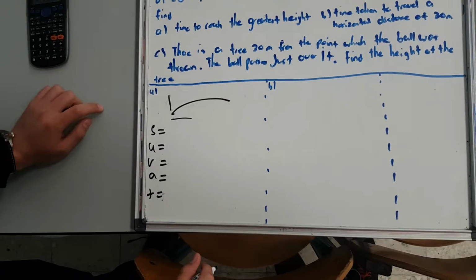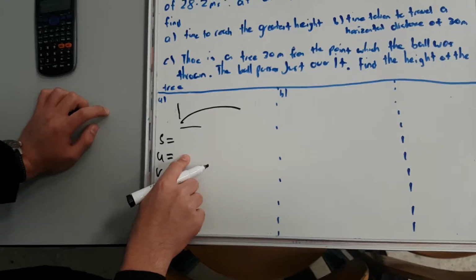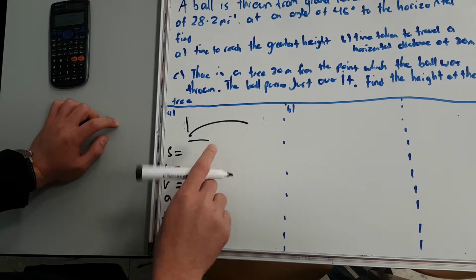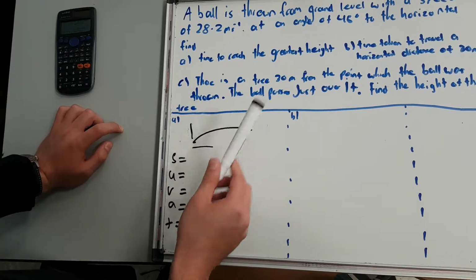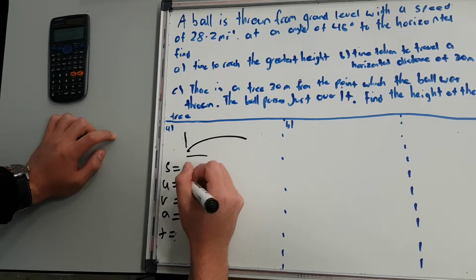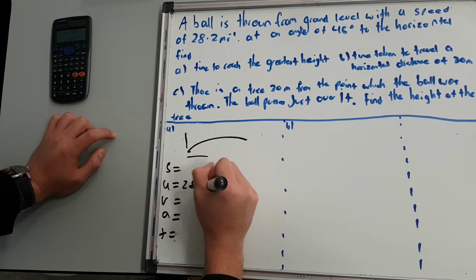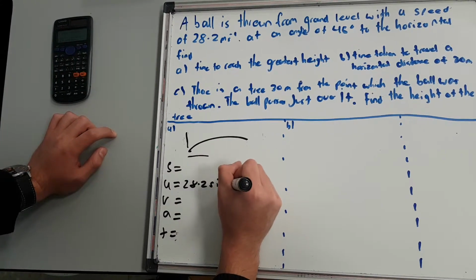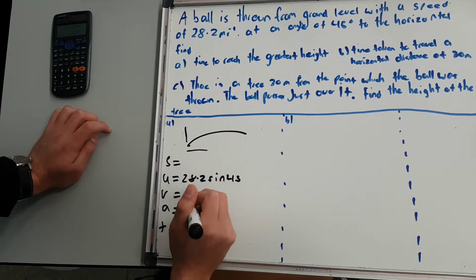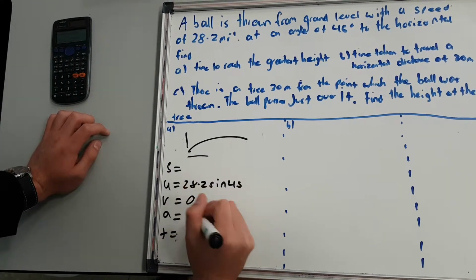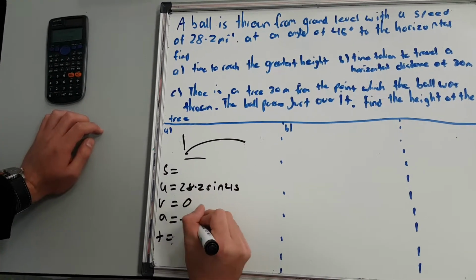So for question A, what we know is that the initial velocity is 28.2 sine 45. We know that the final velocity is going to be 0 and that the acceleration will be minus 9.81.